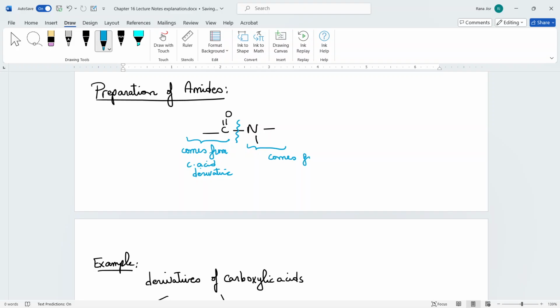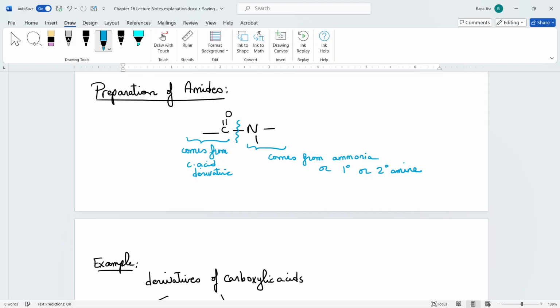So it comes from an ammonia reagent, because after all, I need to use a reagent that has a nitrogen in there. So that is going to be ammonia, or it can come from a primary or a secondary amine.